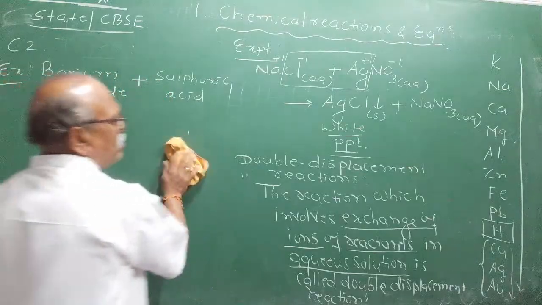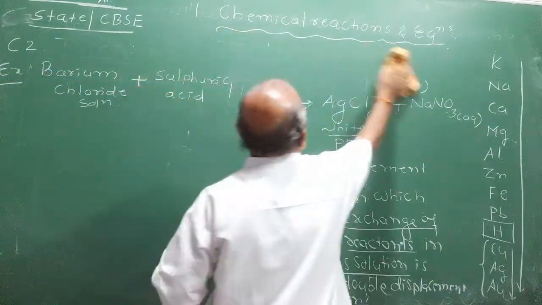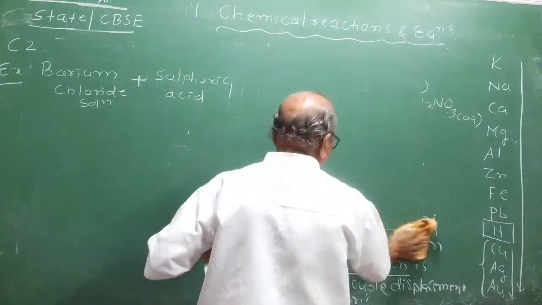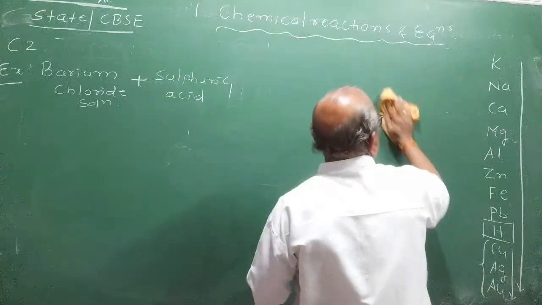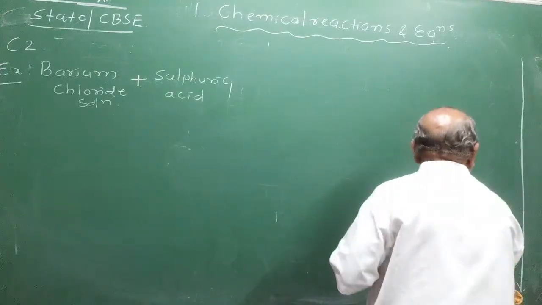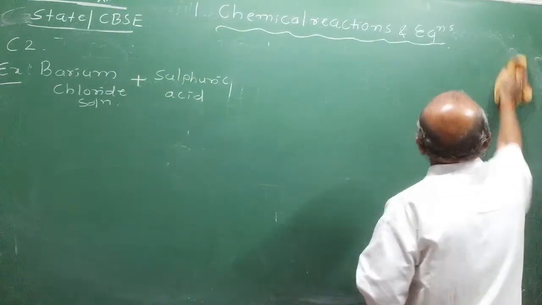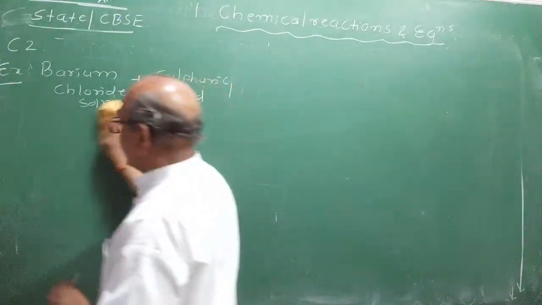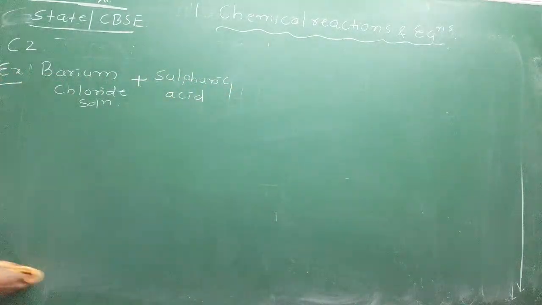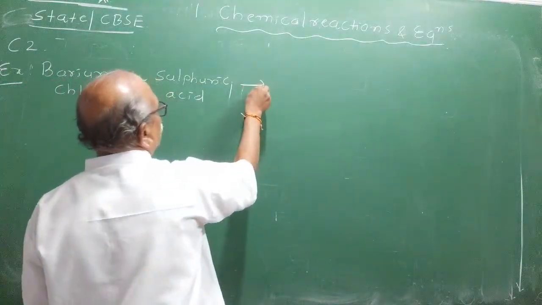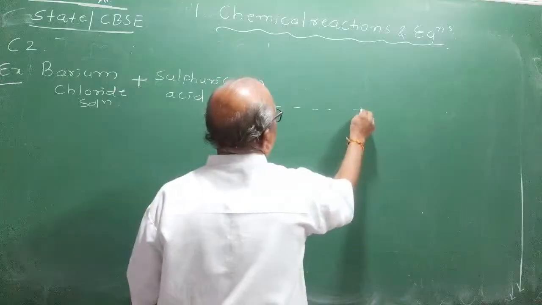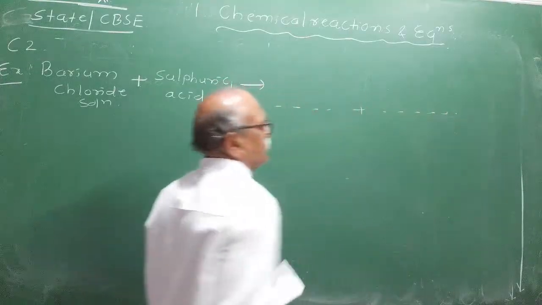We'll see some more double displacement reactions, how they take place. In a double displacement reaction, if any colored precipitate occurs, it is called a colored precipitate. Precipitate is nothing but an insoluble solid. Sulfuric acid gives rise to, guess the products, dash plus a dash.